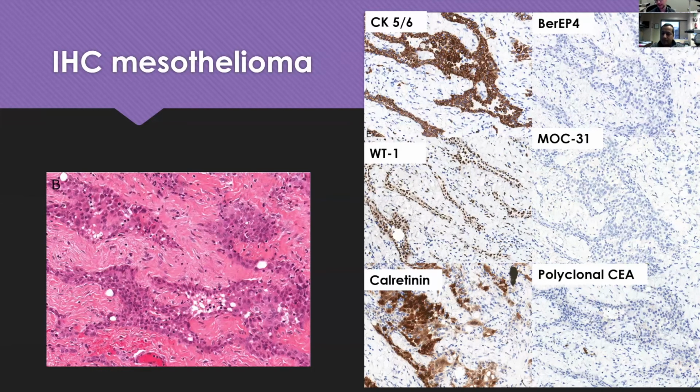As for my favorite, I think WT1 can be good. It tends to be clean and uniform, but you don't see it in every case. When it's there, that's the one I often like the best.